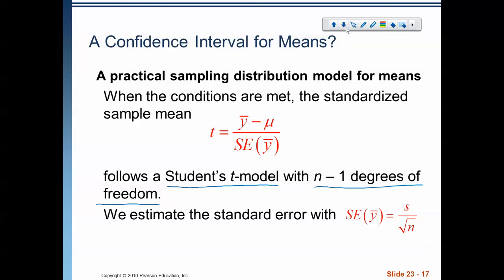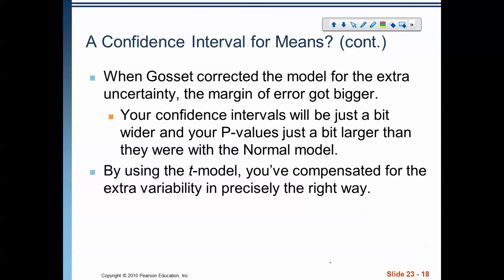So, moving this into talking about a confidence interval, that t model that we created corrected for the extra uncertainty, that variation that got added, and our margin of error got bigger. Your confidence intervals will be just a bit wider and your p-values just a bit larger than they were with the normal model.